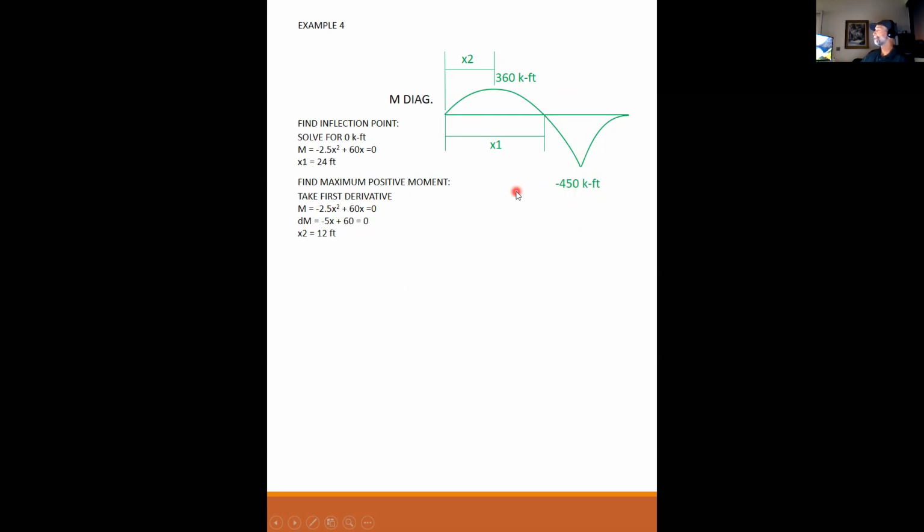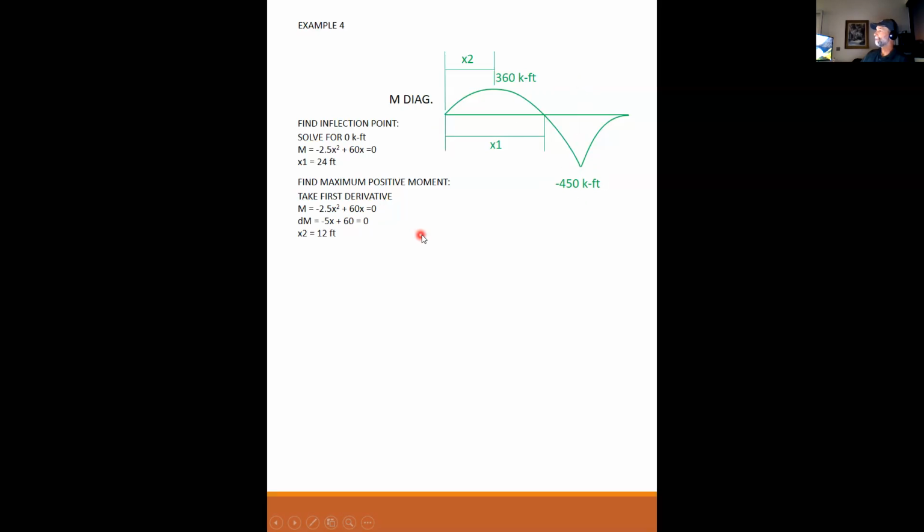I can also, in fact I should, take 30 and plug it into the equation for this side of the line between 30 and 40 feet, and I should get exactly the same answer because there's no jump here. There's no applied moment. So there's no way that this can have a bump right here. So that's another way to check yourself.